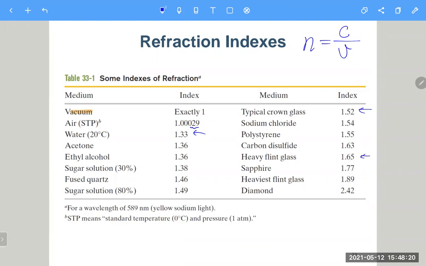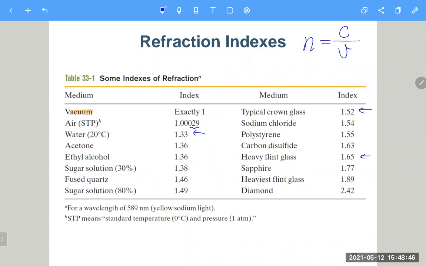I don't really know what they are, but you can see different materials have different indices.